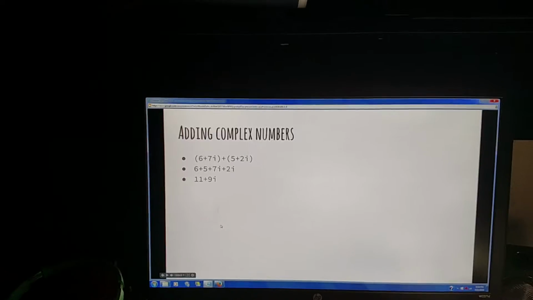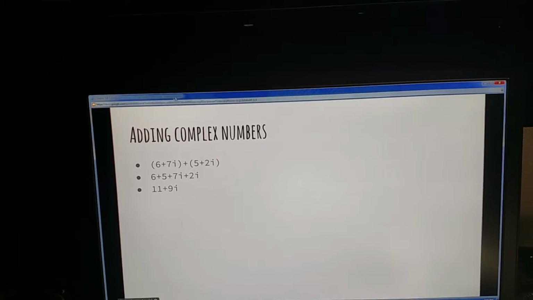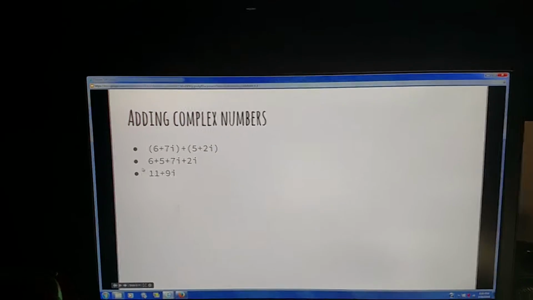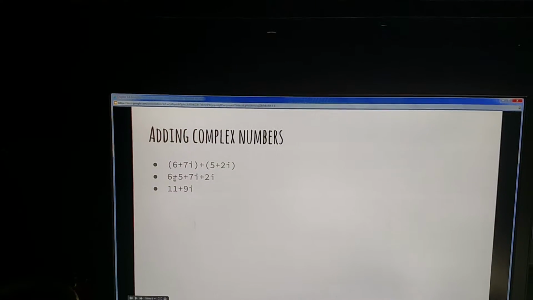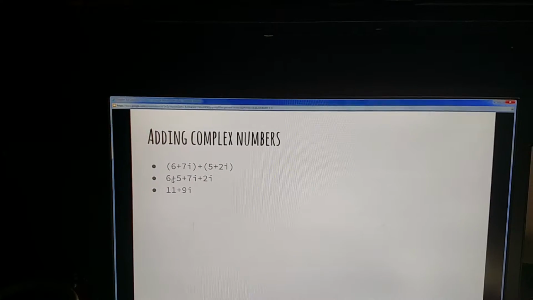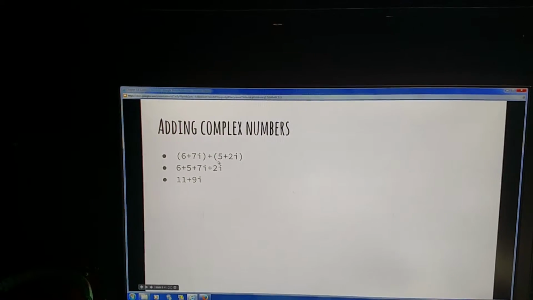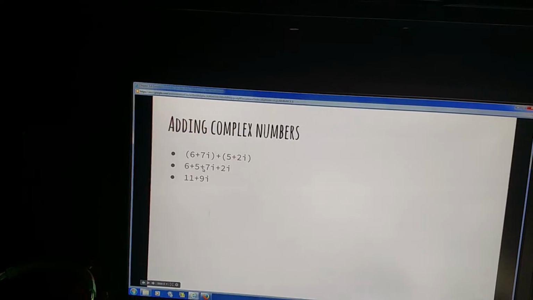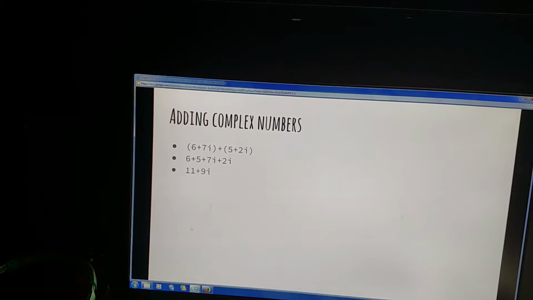Adding complex numbers. This is pretty self-explanatory. 6 plus 7i plus 5 plus 2i. Basically, we just have to combine like terms: the 6 going with the 5, the 7i going with the 2i, and we just get 11 plus 9i.